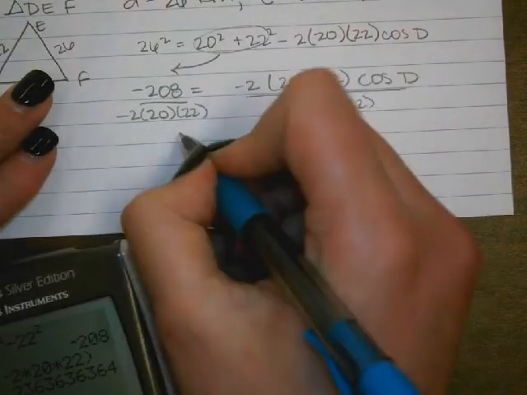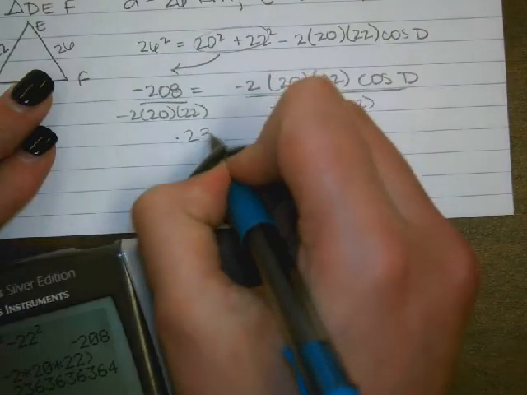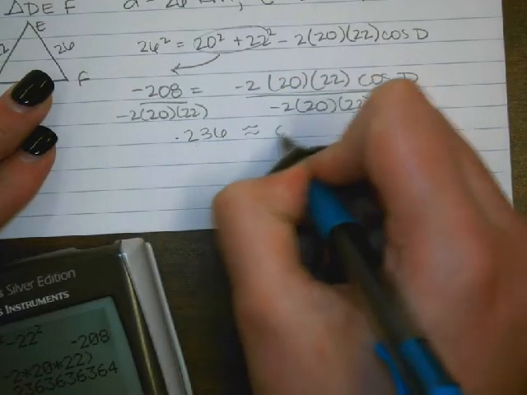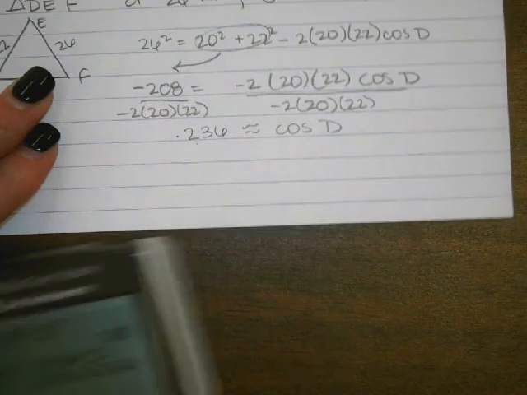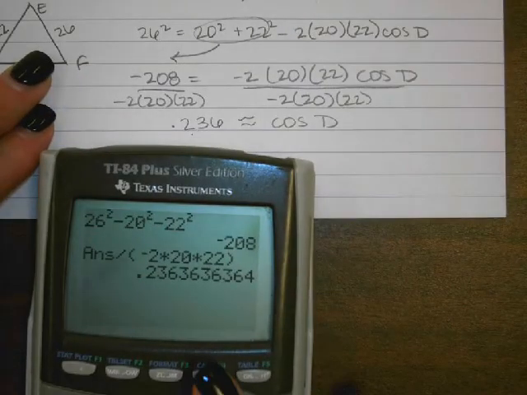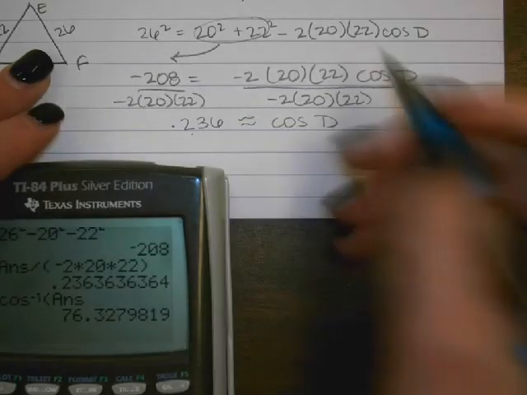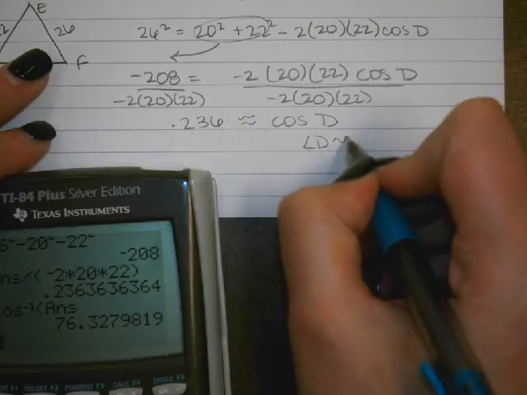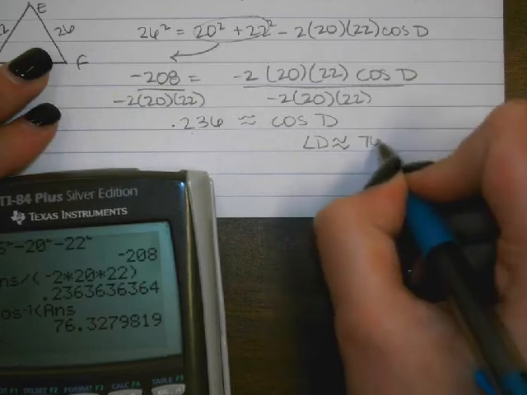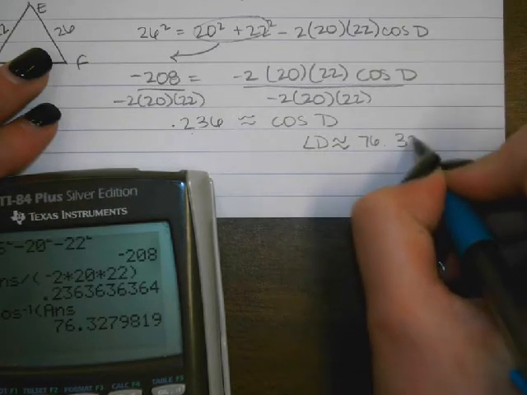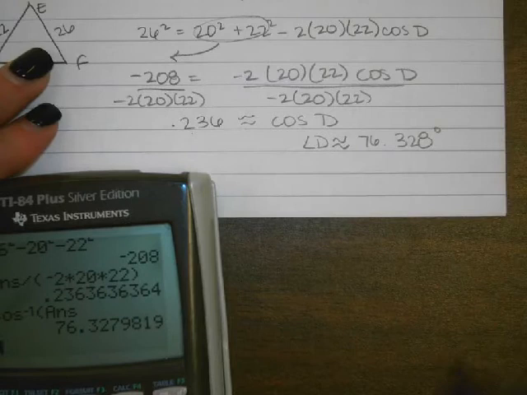And so I get 0.236, approximately cos D. Then I'm going to do second cos, second answer. And so angle D is 76.328 degrees.